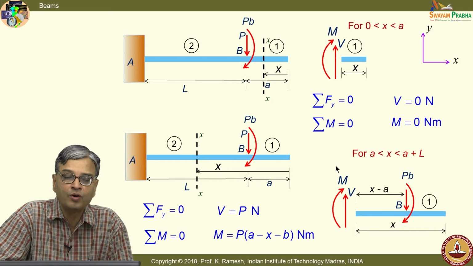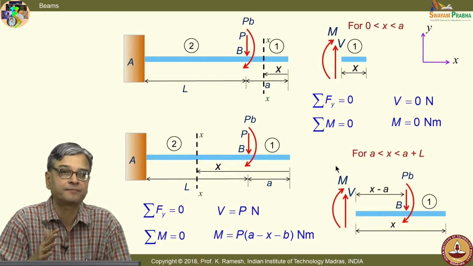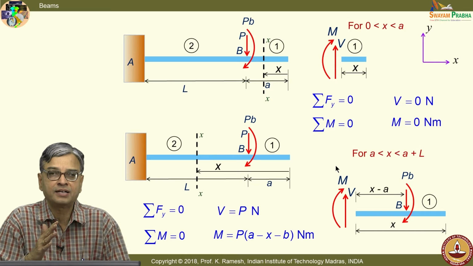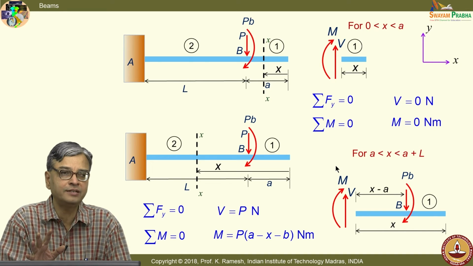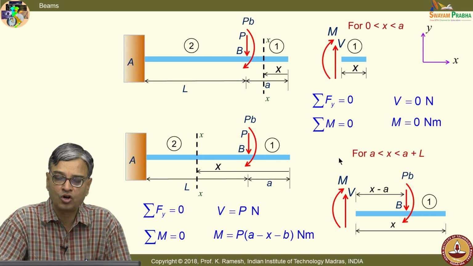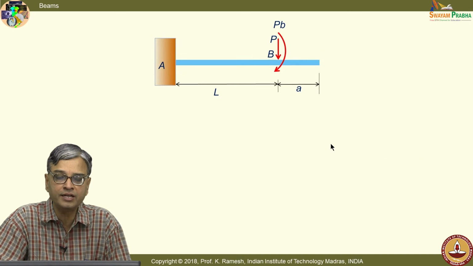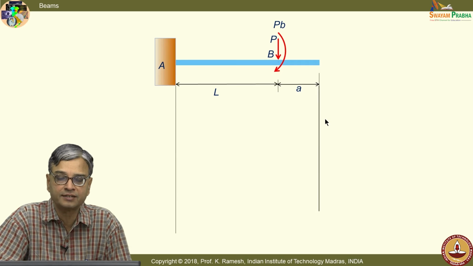Now, we go and draw the shear force and bending moment diagram. I am consistently showing a place where you do the computation and reserve a portion of your answer script or your notes to draw the shear force and bending moment diagram one below the other.